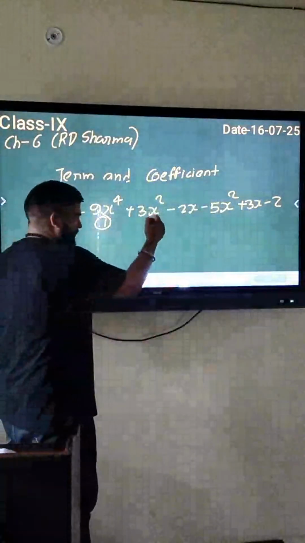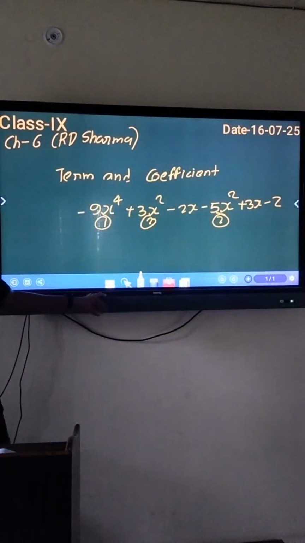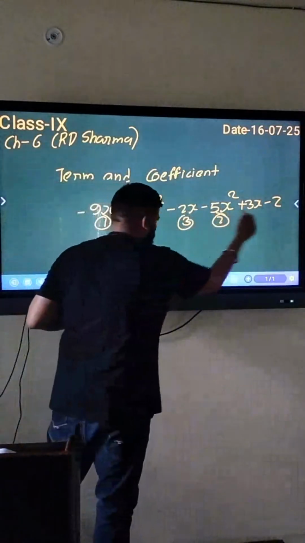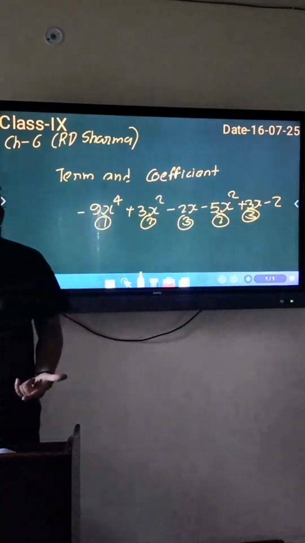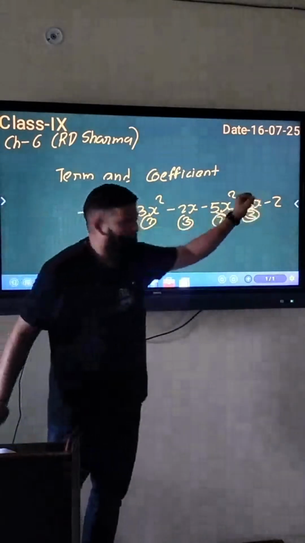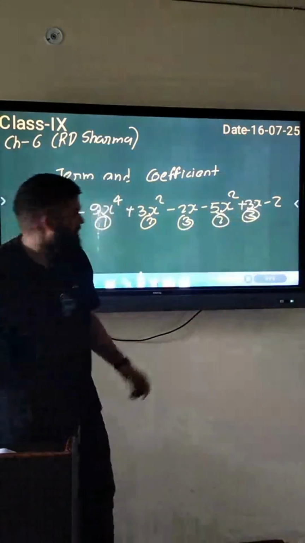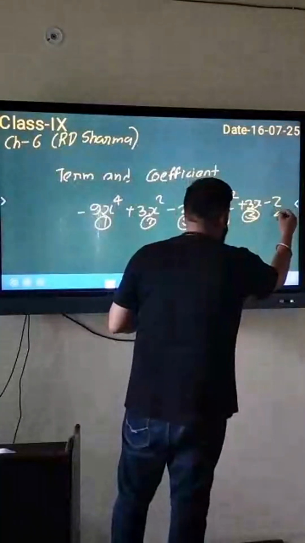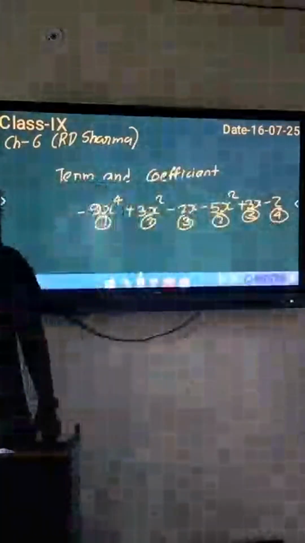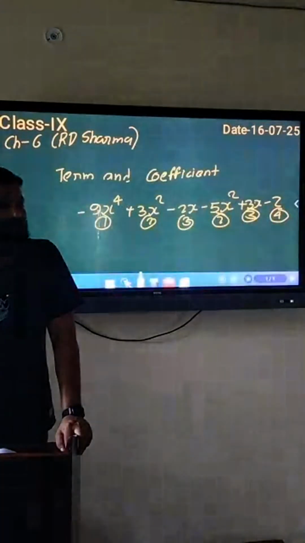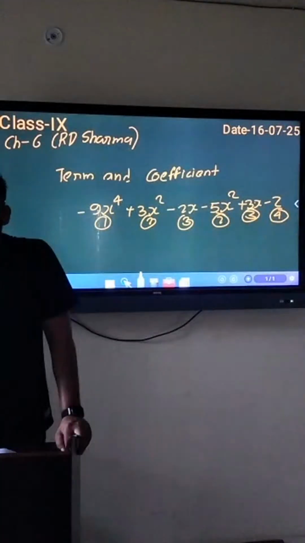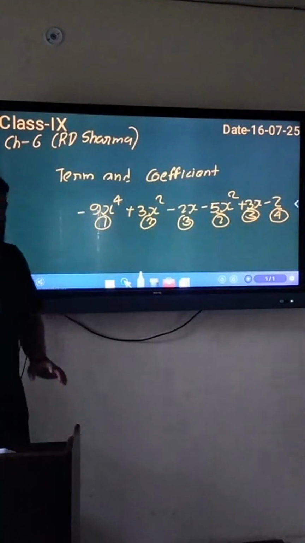Now this is 2 and this is also 2 because they are the same. Now this is 3 and this is also 3. What is the power of x? 1. What is the power of x? 1. Right? And here 4. How many terms are there? Now you can count how many terms are there. 4. Ankita. Now Kumkum, you stand up.